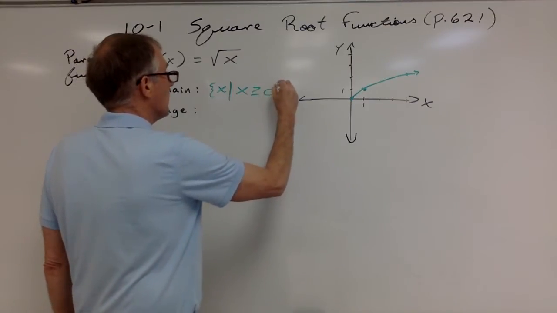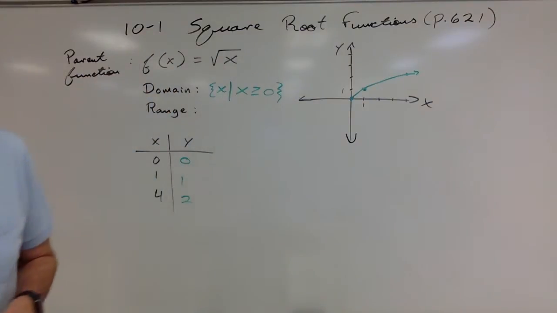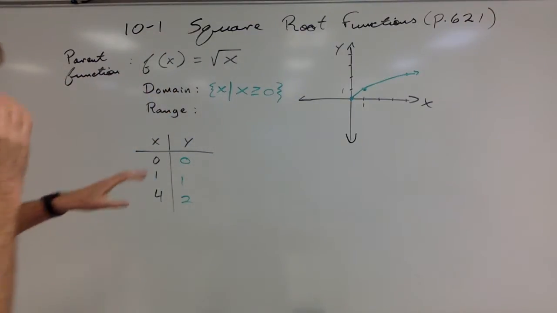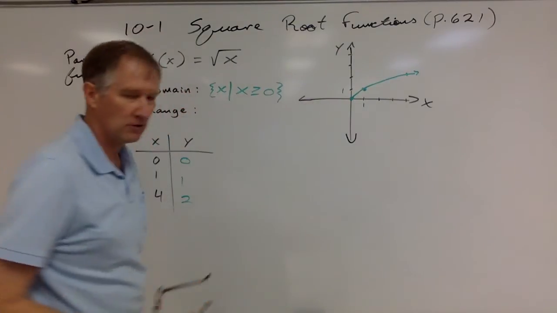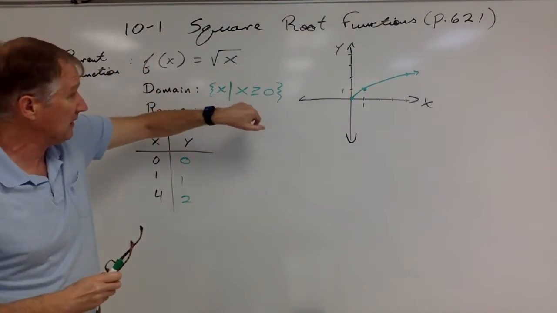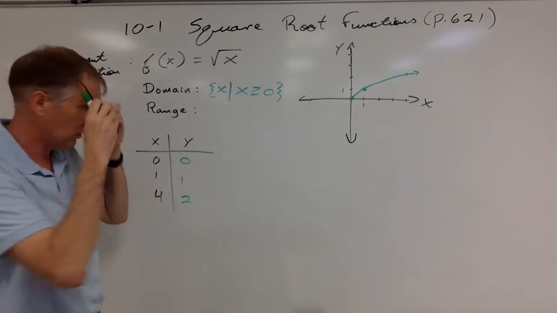All right. So that's the domain. Again, the important part is that x is greater than or equal to 0. It just can't be negative. You can't take the square root of a negative number.